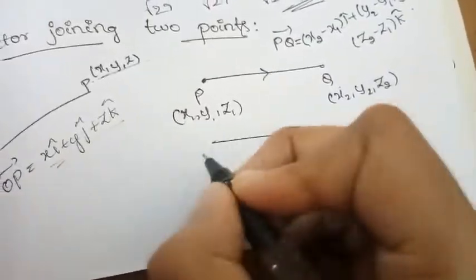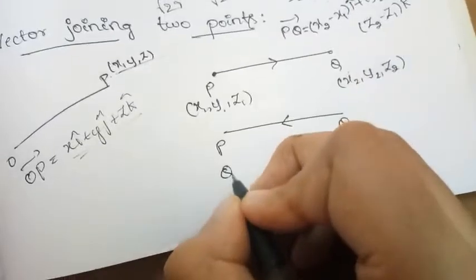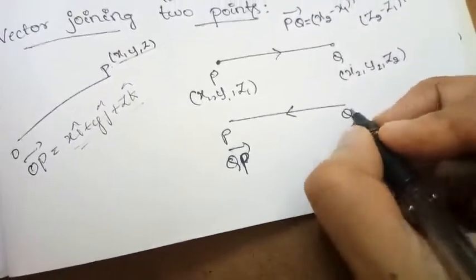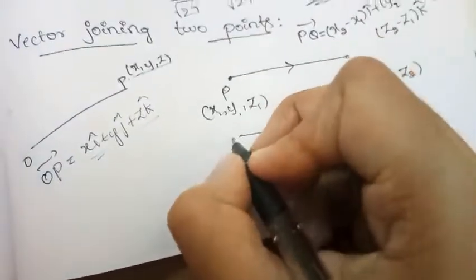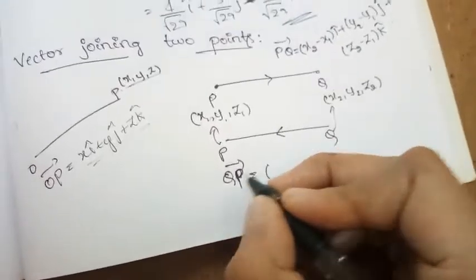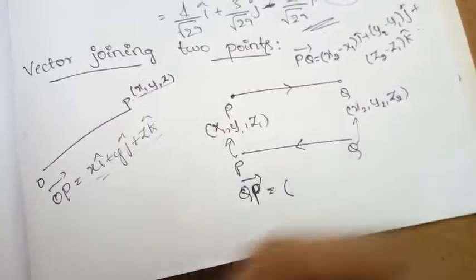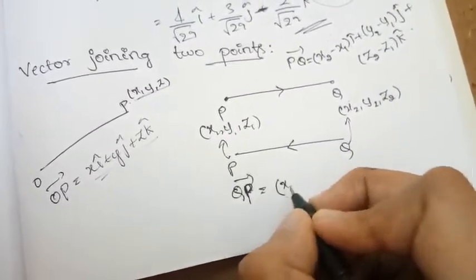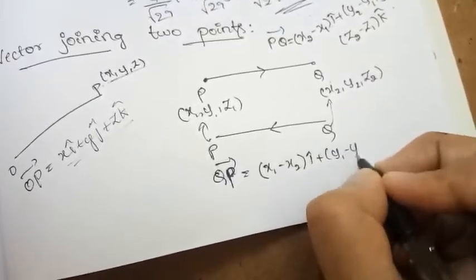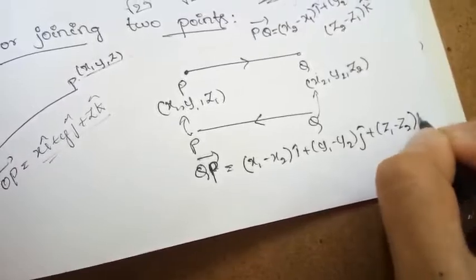Suppose this one is P, and this one is Q. Suppose I need vector QP. Again the components of Q are the same and the components of P are also the same. So if I need vector QP, the terminal point is P and the initial point is Q, so it becomes x1 minus x2 i cap plus y1 minus y2 j cap plus z1 minus z2 k cap.